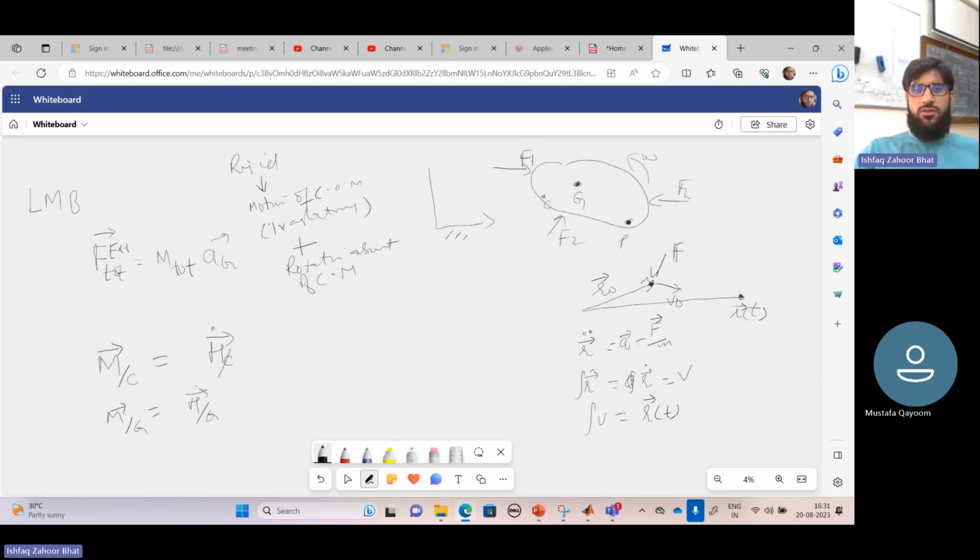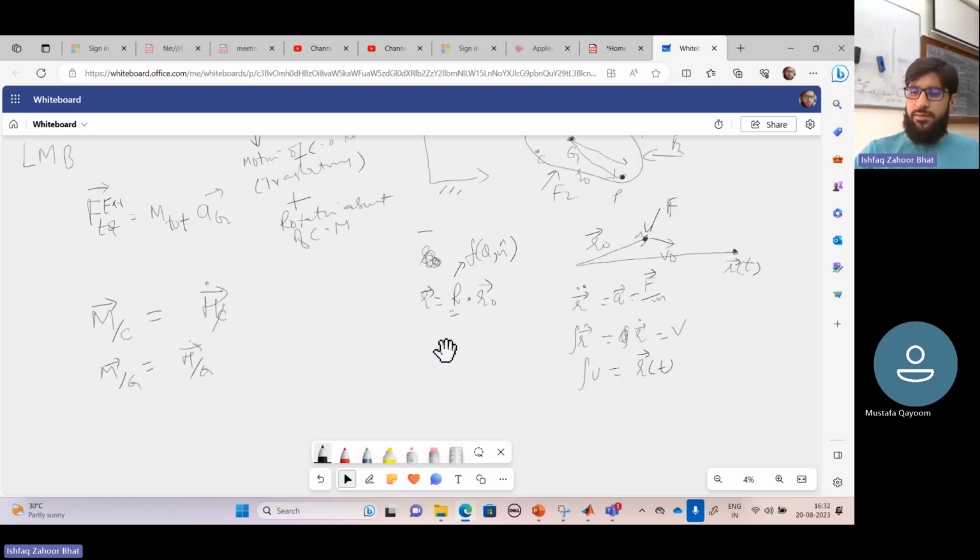You may say that if initially I know its position is R naught with respect to center of mass, and I have omega, then I know R at some other instant when this body moves: the rotated R will be equal to the rotation tensor times R naught. This R will be a function of theta and n, which should be known to you. It is fine if it is known to you.